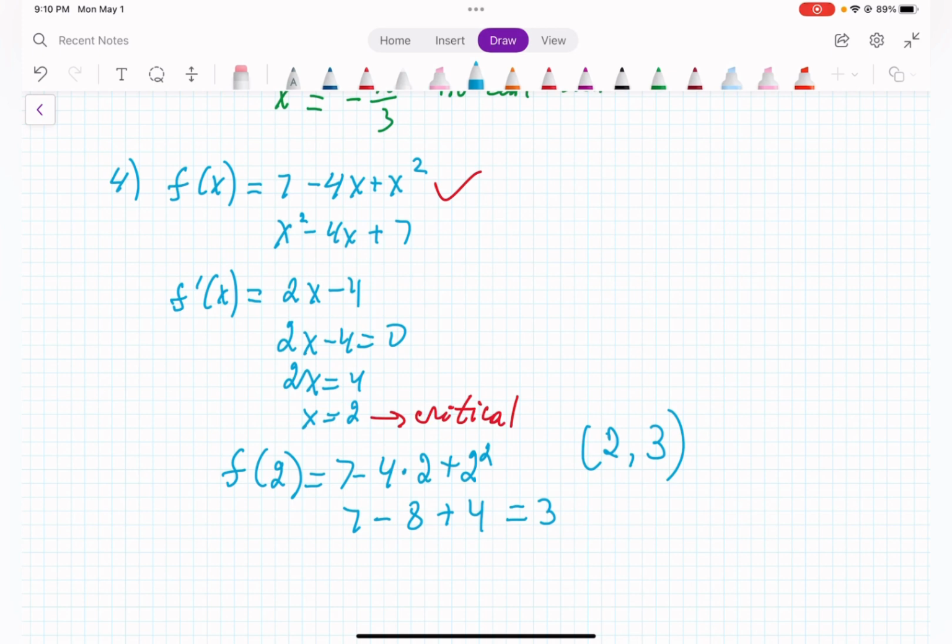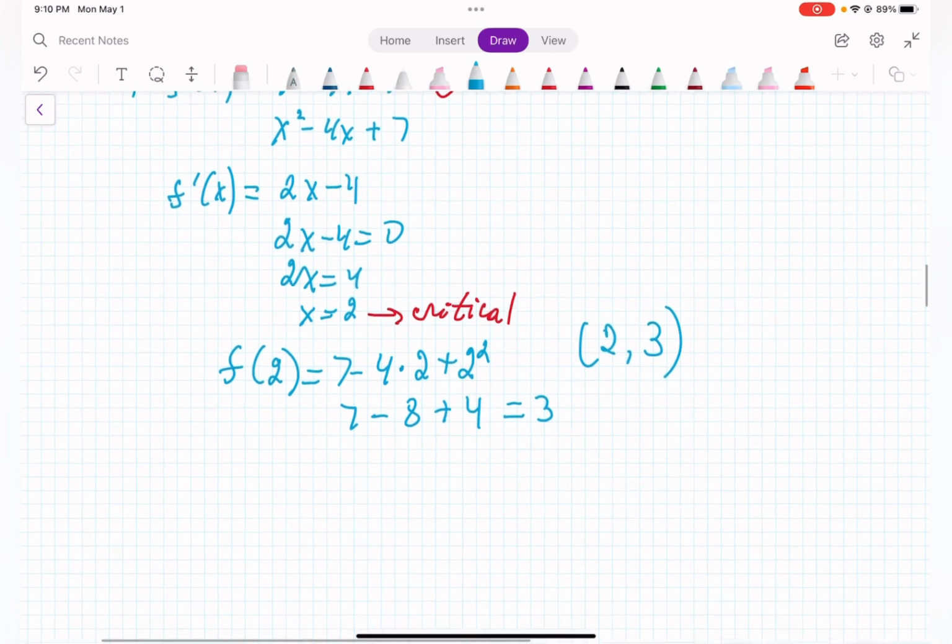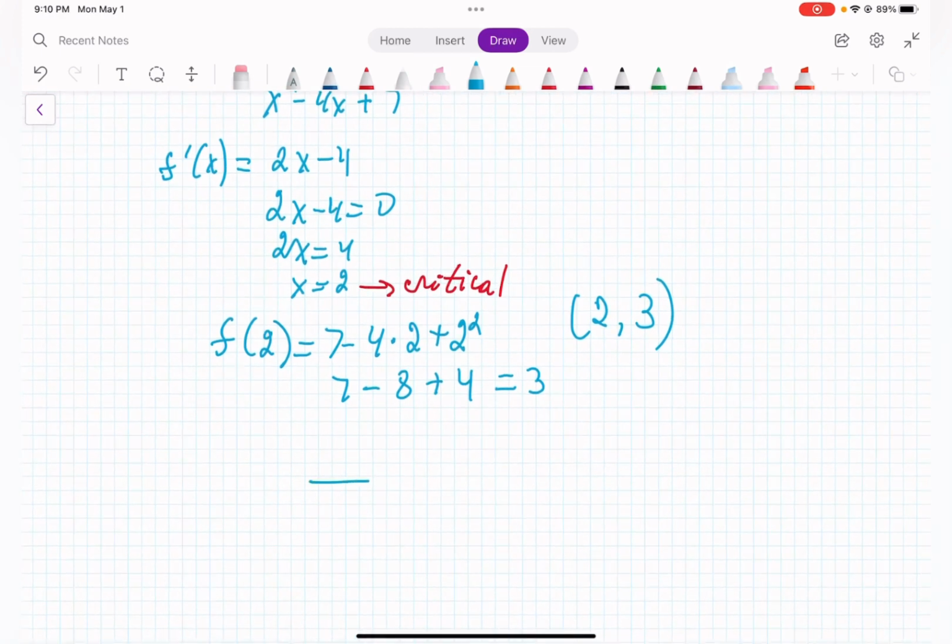Now, to find out if it's a maximum or minimum, okay? So this is our 2. Negative infinity, positive infinity. So it's breaking into 2 intervals, right? Where I'm taking a number from here, I can take 0, and on this side, I can take 3.